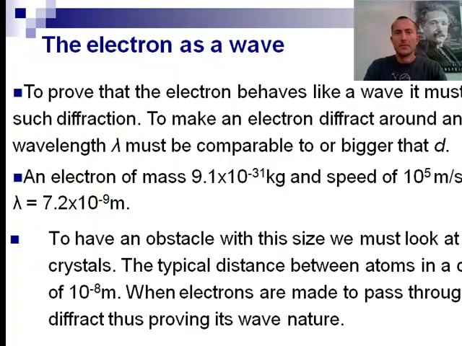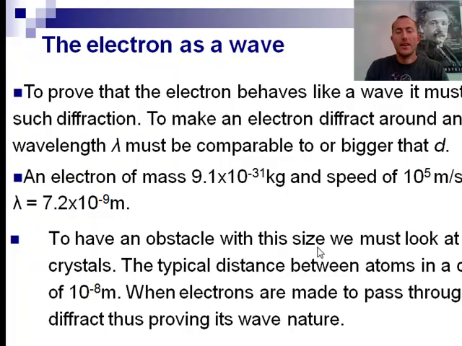If we're going to apply wave physics to this, and we're going to try and look at diffraction patterns, then to get an opening that would provide enough diffraction, we would have to have something that's on the order of 10 to the negative 8 meters in size. And when we're talking about that size, we're at the crystal structure level. We're down so small that we're talking about distances between atoms in crystals.